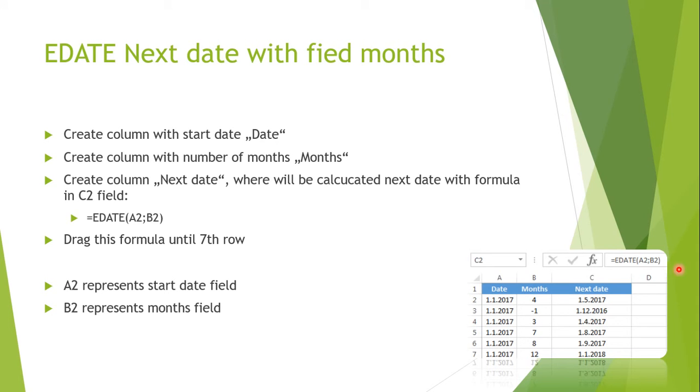In this column we will put the function EDATE(A2,B2) in the C2 field. When we press enter, we will drag this formula down until the 7th row. So as I said, A2 represents the start date field, B2 represents the month field, and C is the return column.